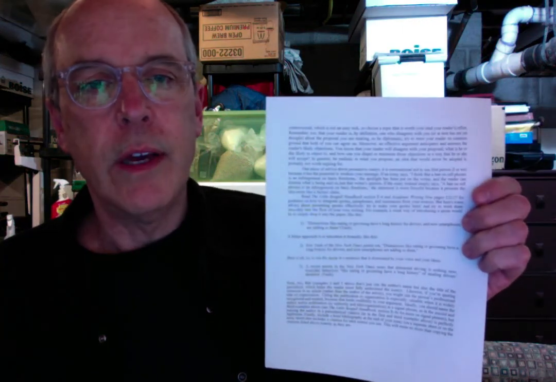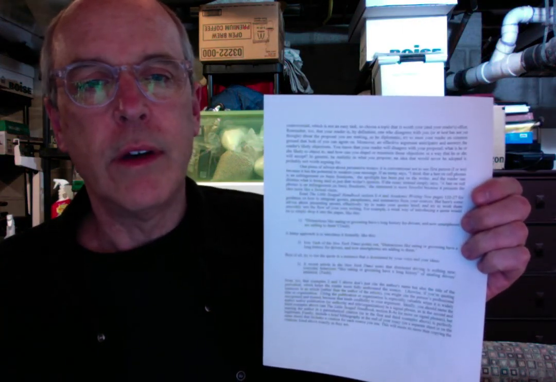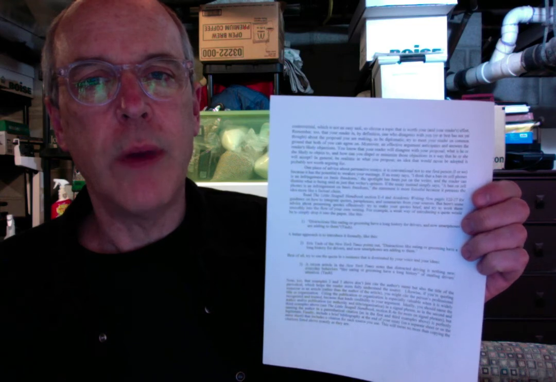So there's a section on synthesizing ideas, and then section R4 is about integrating sources into your paper. I have a little section on that on the back side of my assignment sheet as well. I show you 3 different ways to integrate a quote into your paper.